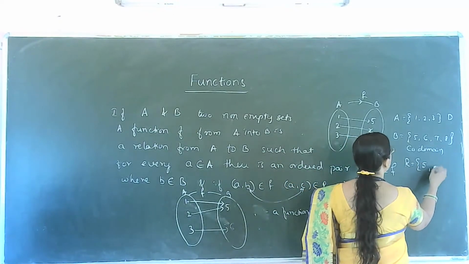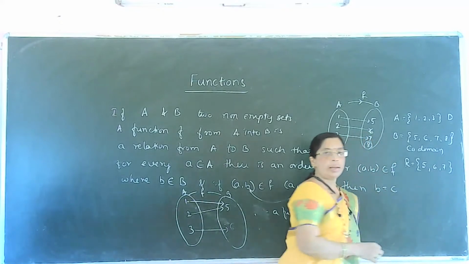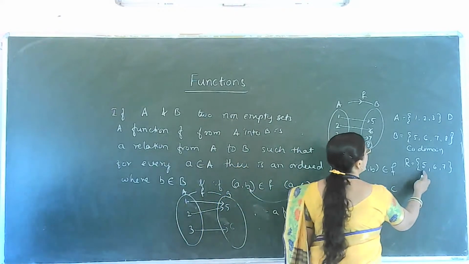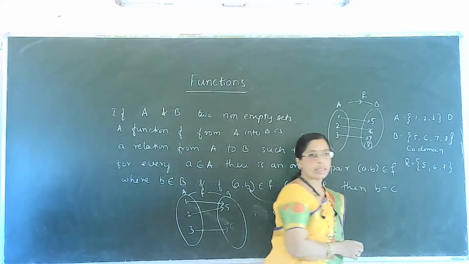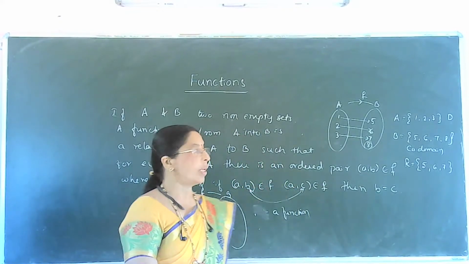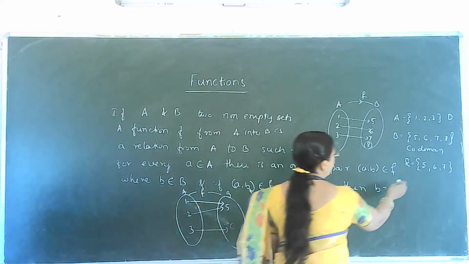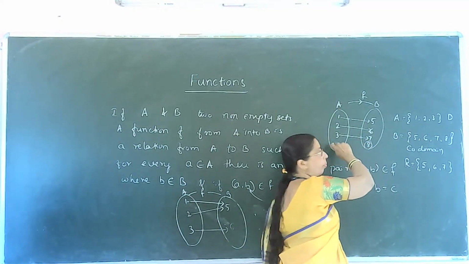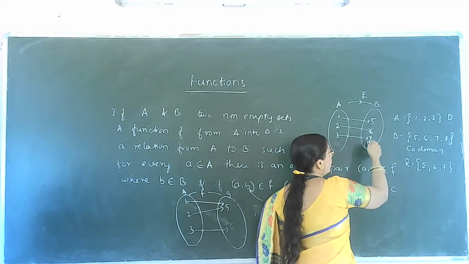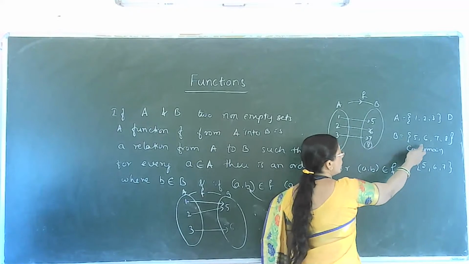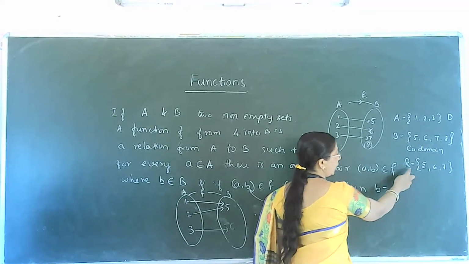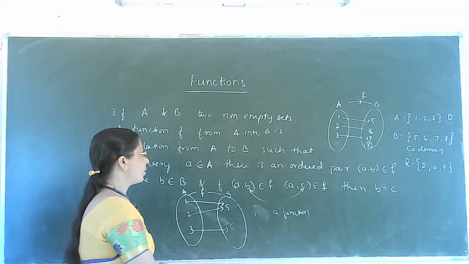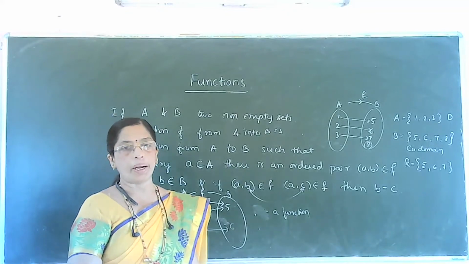Which are the images? 5, 6, 7 are the elements of the range. 5, 6, 7 is the set of images, or range of the function. A is the domain, the elements of A are domain elements. The elements of B are called codomain. And range is the set of the images. I think you are clear about the function.